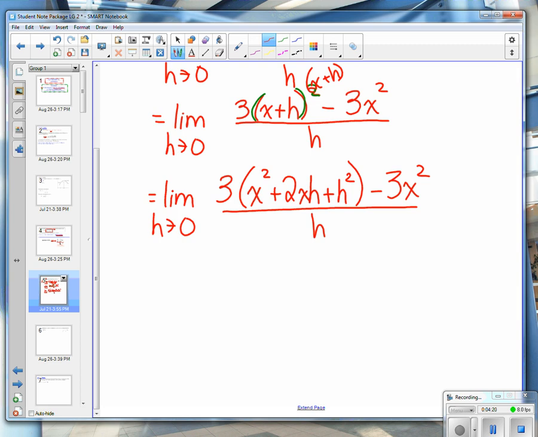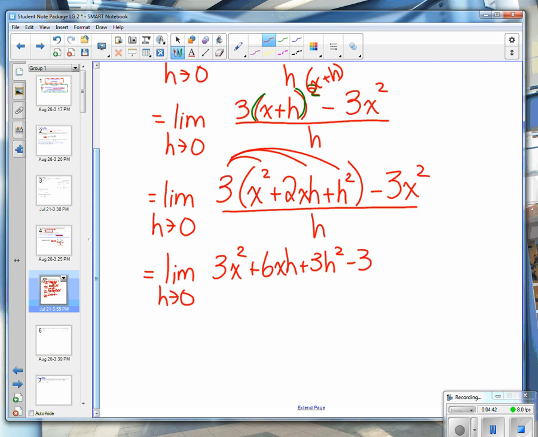Now remember, with limits, you put in that value of your limit as soon as you can. We still obviously cannot put in h equals 0 because we have that h in the denominator. So let's go ahead and simplify. We're going to expand this. So I've got the limit as h approaches 0, 3x squared plus 6xh plus 3h squared minus 3x squared all divided by h.